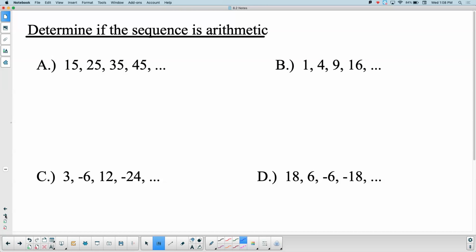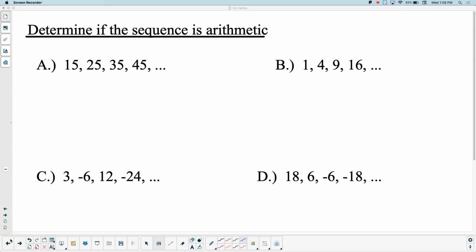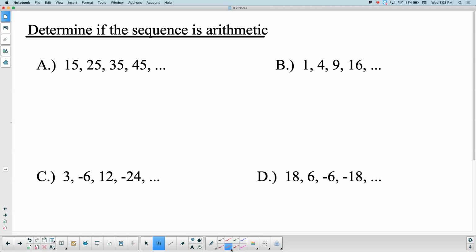So, let's talk about these four. Give me a second to write them down. Adding 10, right?